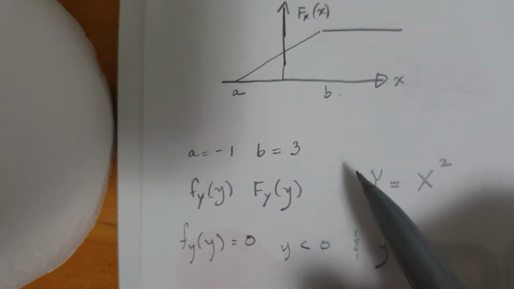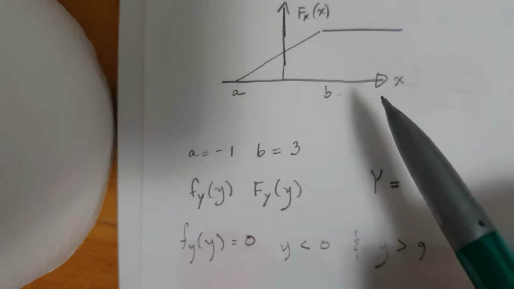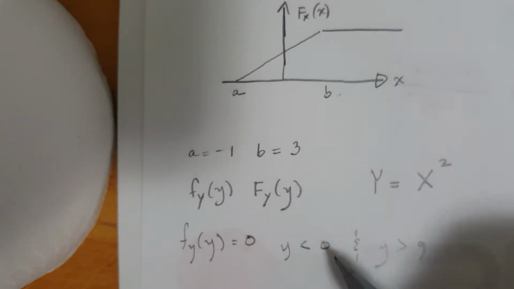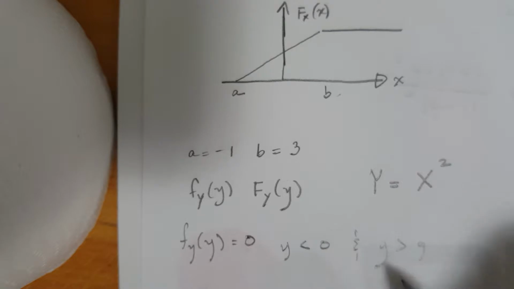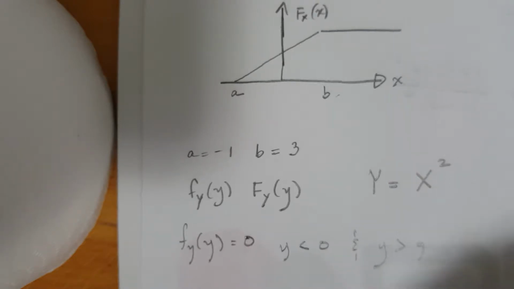And so we have, of course, -1 and 3, and so y is less than 0 and y is greater than 9 when these are squared.